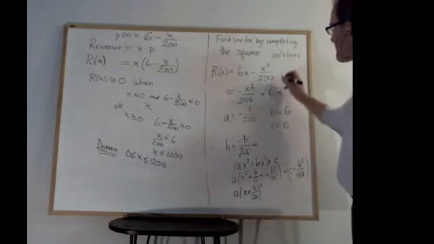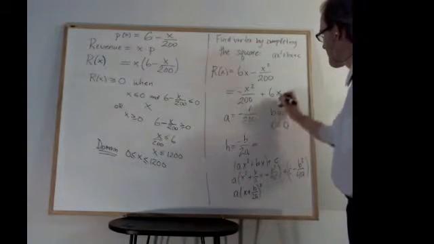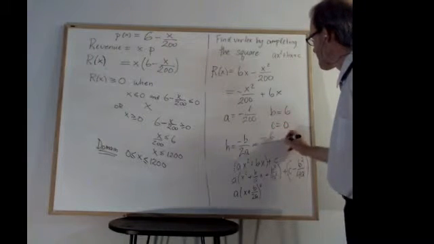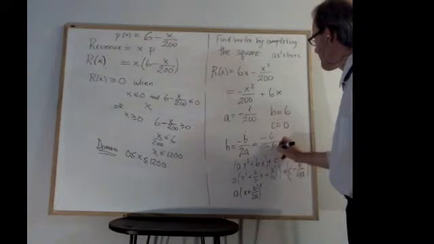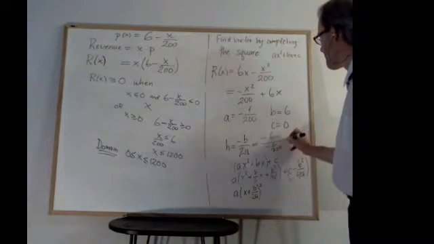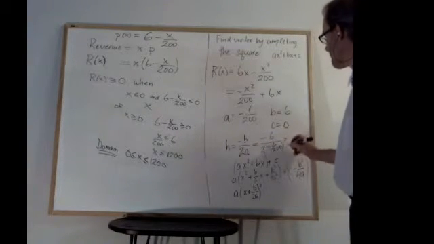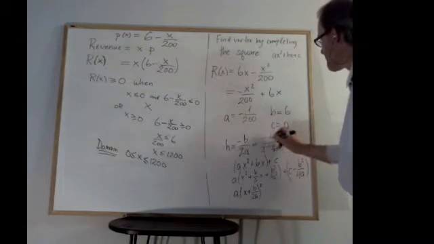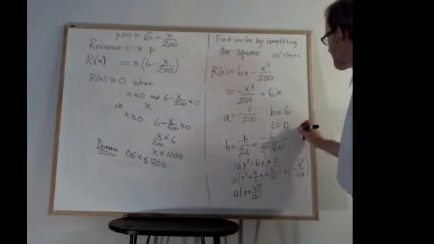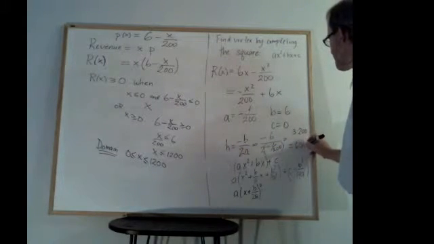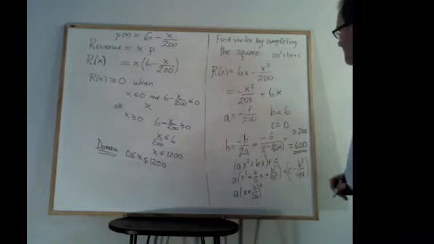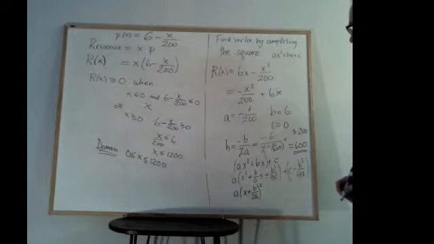That's the x-coordinate of the vertex, and that's going to be minus 6 over 2 times minus 1 over 200. The minus signs will cancel, and I'll get 6 over 2 is 3, times 200 is 600. That's h.